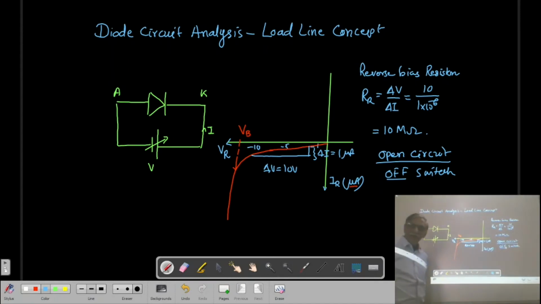Right? So this is about reverse bias. But the only thing you have to remember: reverse bias means the anode should be more negative than the cathode. Remember.